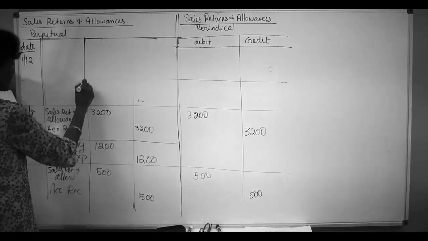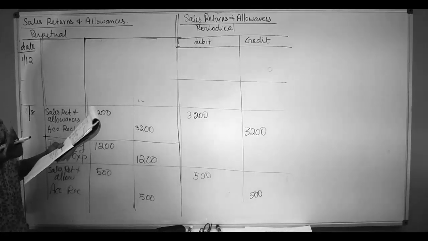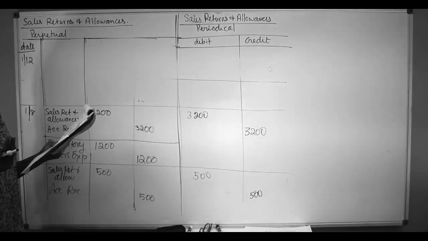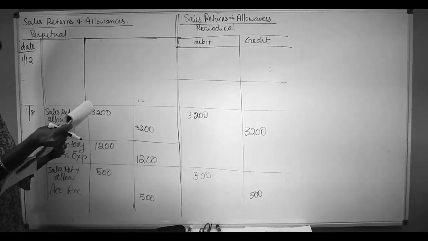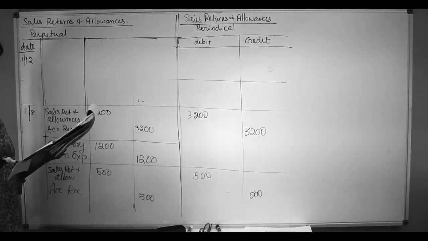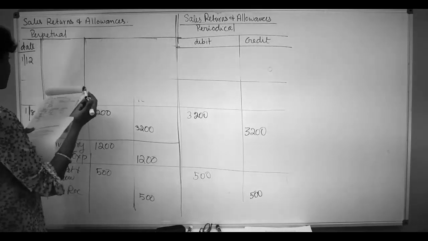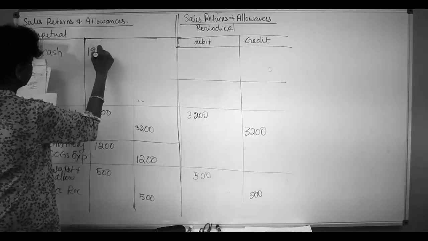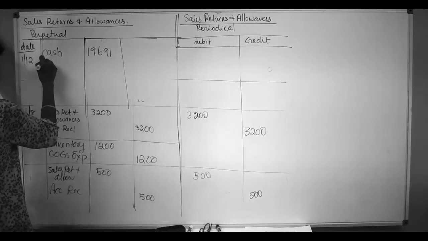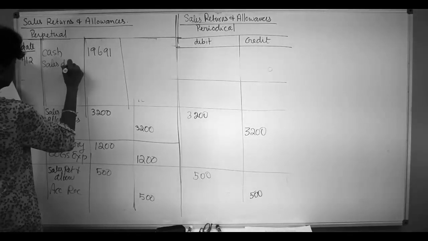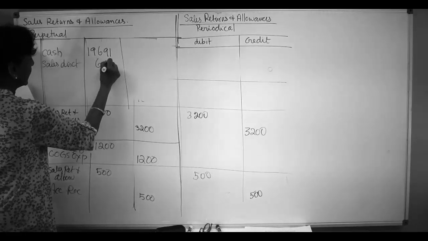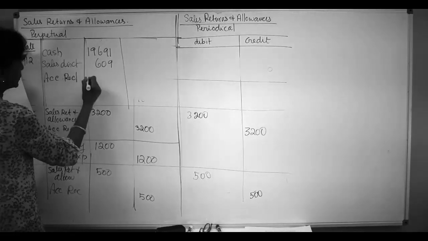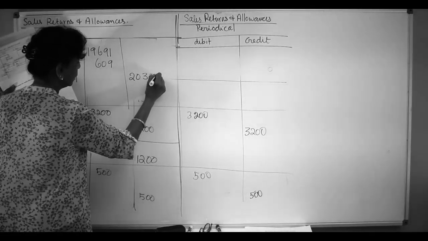So here, out of this $20,300, the customer gets a 3% discount. So 3% of $20,300 would be $609. The remaining cash is the amount the customer is going to pay and the company is going to receive. So the last one, you debit cash for $19,691 and debit sales discount for $609 and finally credit the accounts receivable $20,300.